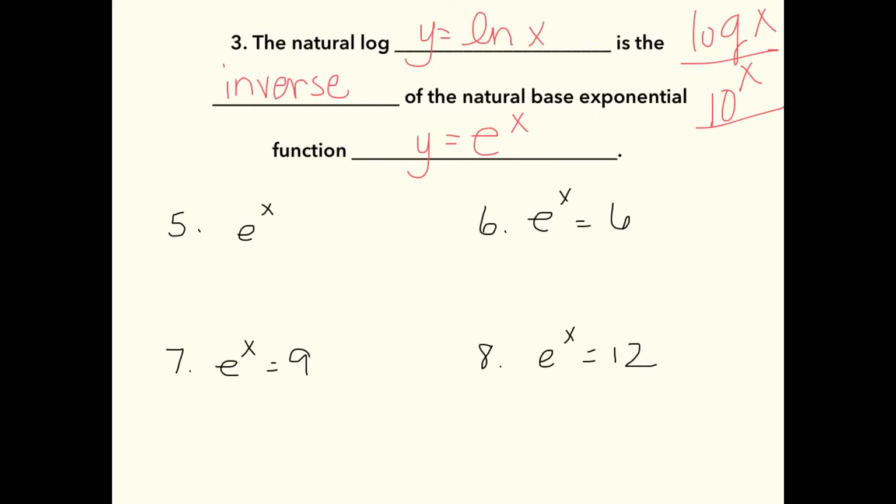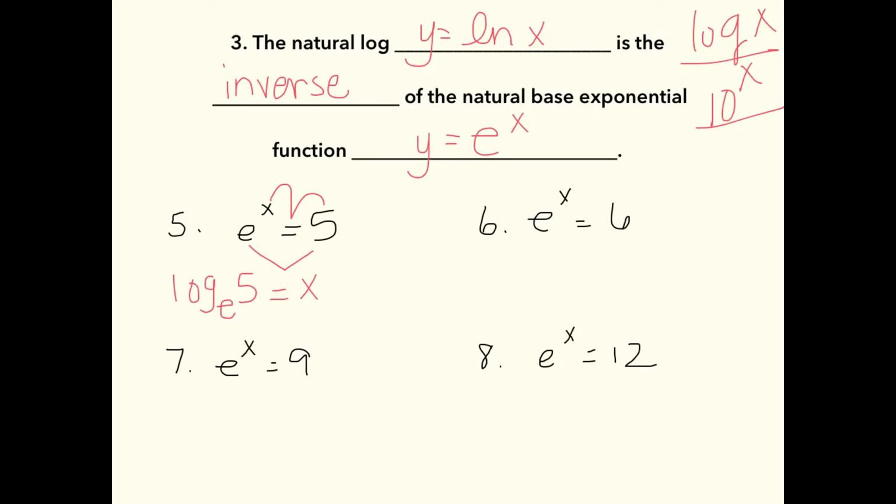So we can still change forms. This is an exponential function, e to the x equals 5, and we can use that arrow to turn it into log form. We want to change it to log form, and we start at the left. So e to the 5 equals x.